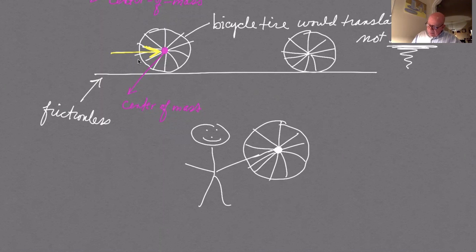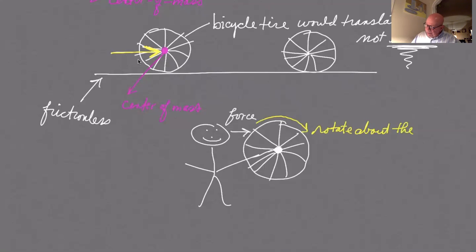So if I were to come in here and slap this, if I were to exert a force there, then I hope it would be somewhat clear to you that this object would rotate. It would rotate about the center of mass.